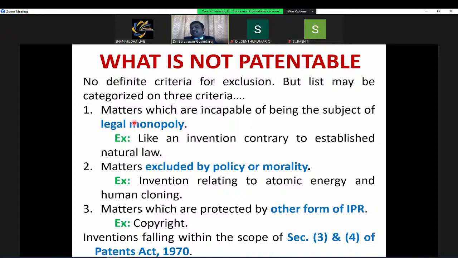Next, an invention which is contrary to natural laws. For that, I will tell you a simple example. If anybody is saying that a particular machine will give 100% efficiency, it is not at all possible. It does not obey natural law. And some inventors say that without input we can get an output.